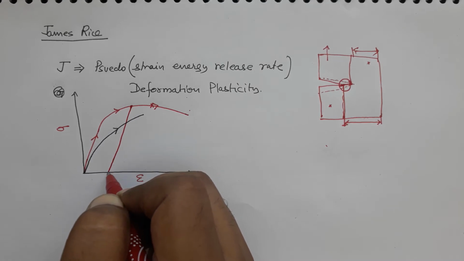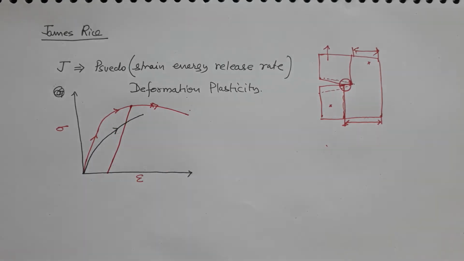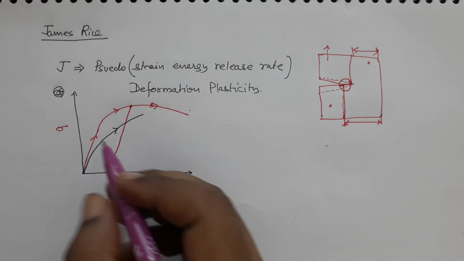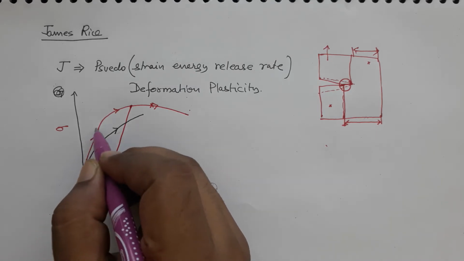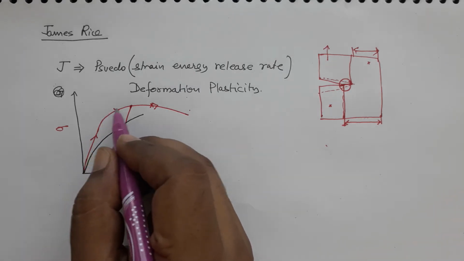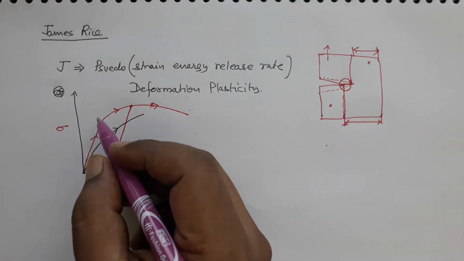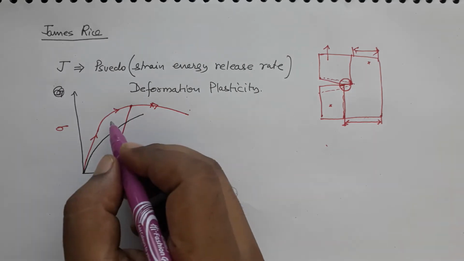When you unload this, it does not go back like it would according to the assumption of non-linear elasticity. Non-linear elasticity simply means that the elasticity is not only linear, but it is also non-linear. This concept was used by Rice to define J integral.